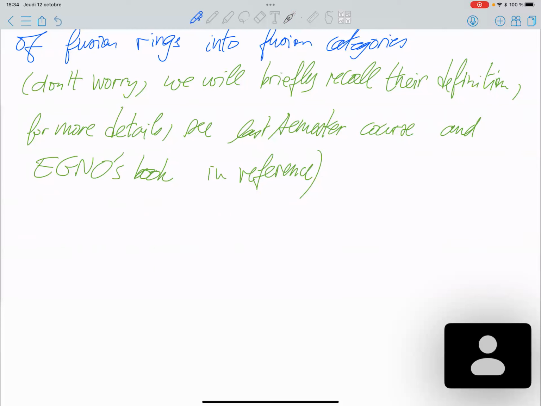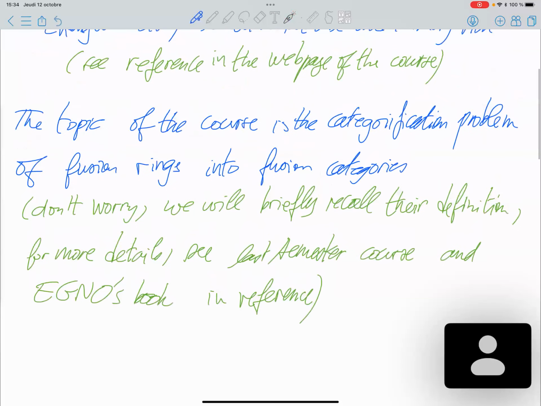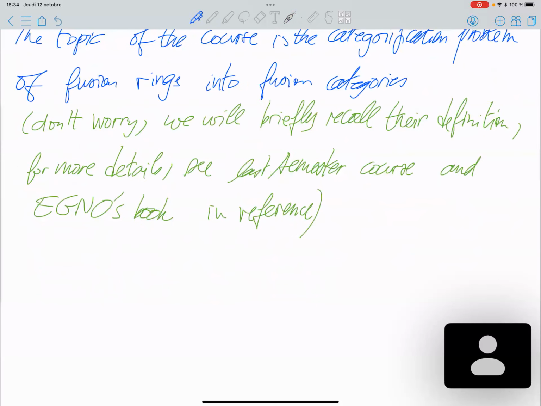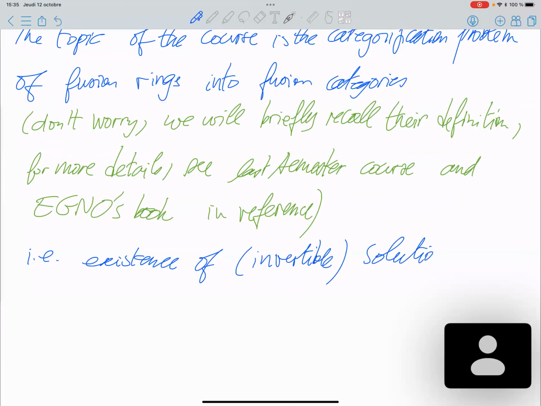So, categorification problem of fusion ring into a fusion category, which means the existence of a solution of the system of Pentagon equation. So, existence of, I put into parentheses invertible, because there is an invertibility assumption, solution of the system of Pentagon equation.